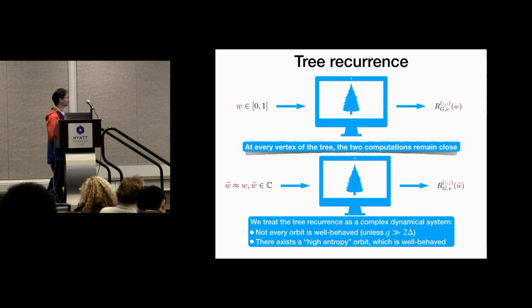It turns out that there's a well-known tree recurrence for computing the ratios. This ratio of two partition functions, roughly speaking, corresponds to a marginal distribution of the Gibbs distribution.